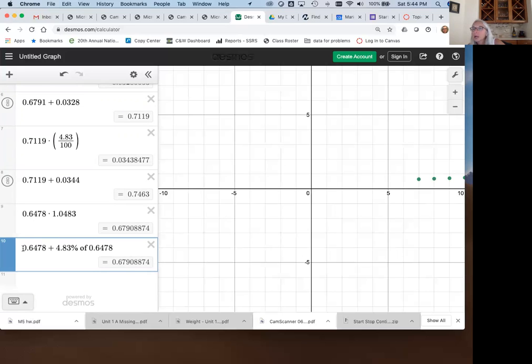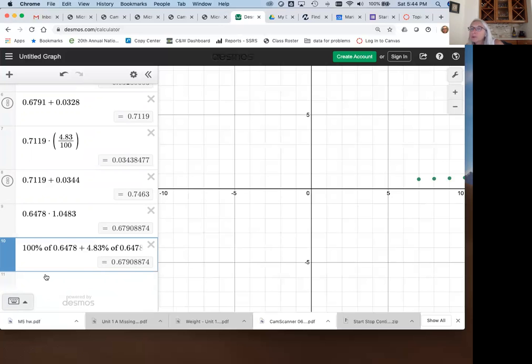Notice here, I have the 0.6478 in this term and in this term. This is the 100%. I could say 100% of, right? 100% of this number plus 4.83% of that same number gives me my final new output.